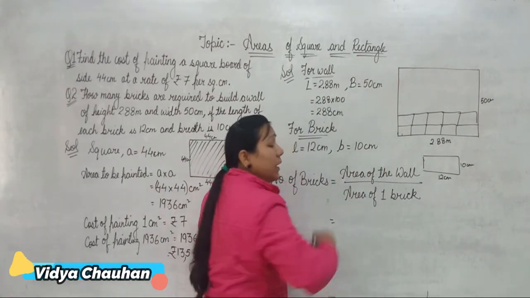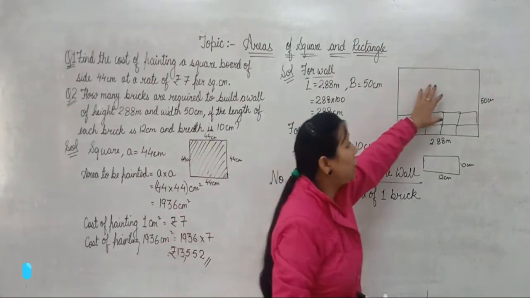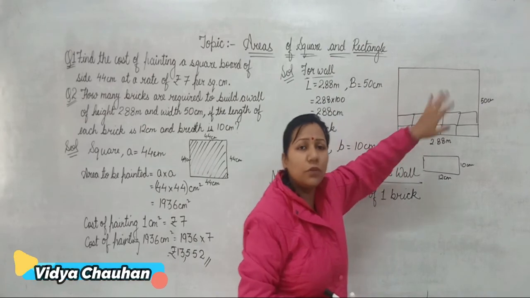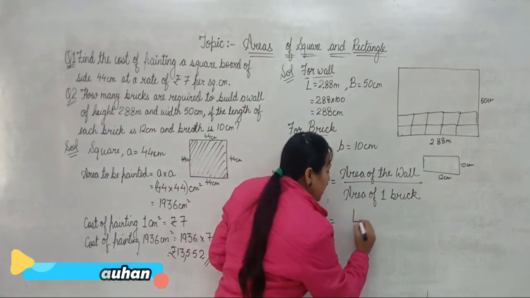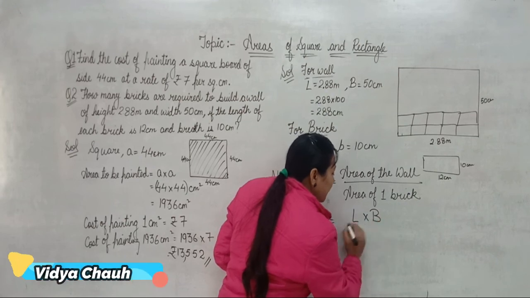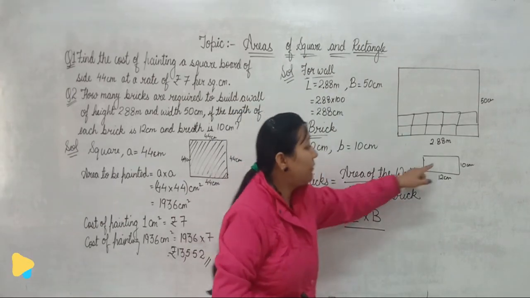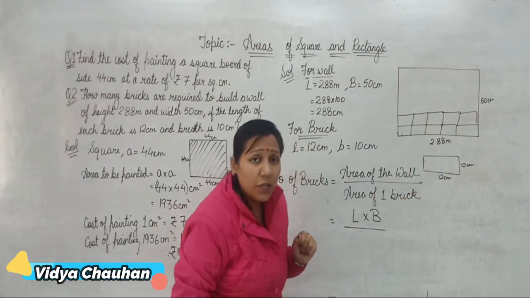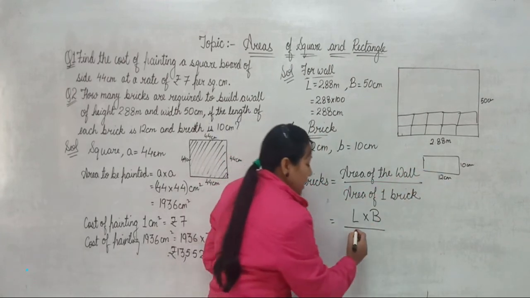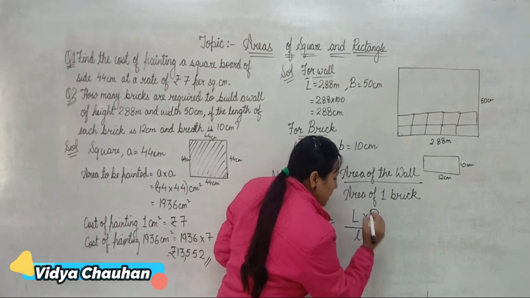Now what is the area of the wall? The wall is in the shape of a rectangle. That means what will be its formula? Length into breadth. Then what will be the area of the brick? Once again our brick is also in rectangular shape. So that will be again length into breadth.